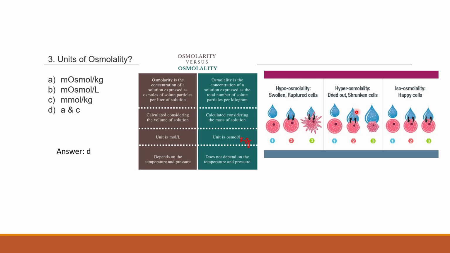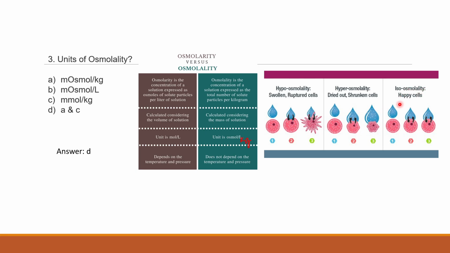If it is hyper, if it is the opposite, that is, outside the cell the solutes are more, and inside your cell the solutes are less, then the water from inside your cell will go outside to maintain the balance. So your cells will dry out and they will shrink.